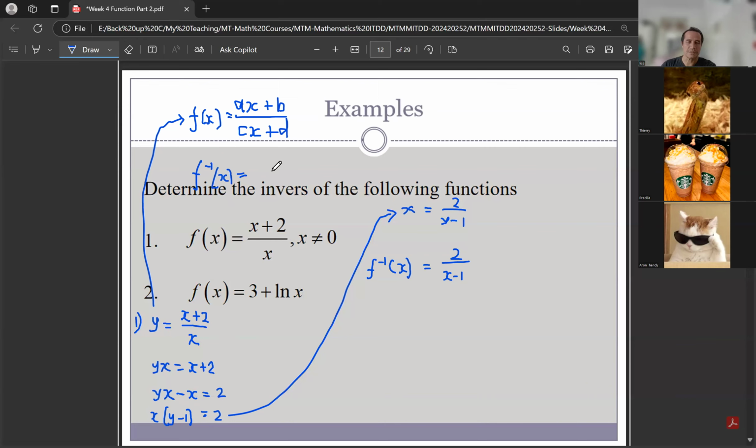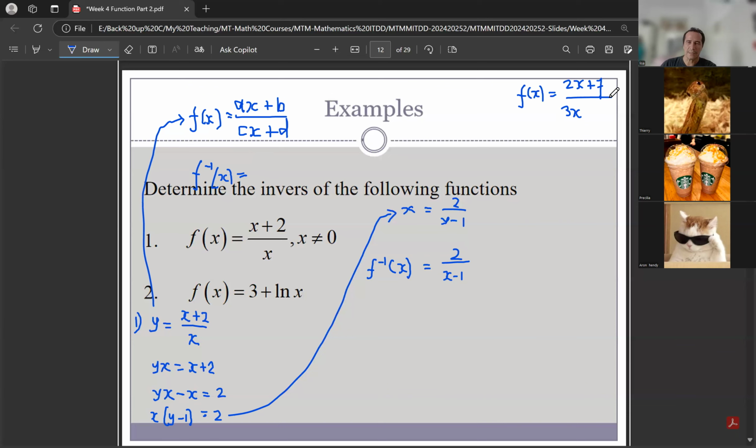So this is f inverse. For example, by using the same procedure, you can find the inverse of, for example, 2x plus 7 divided by 3x minus 5.